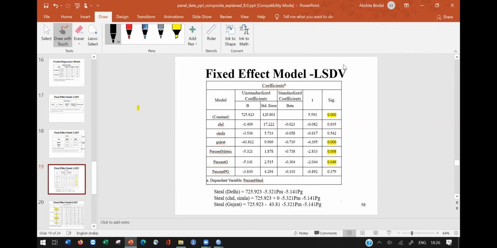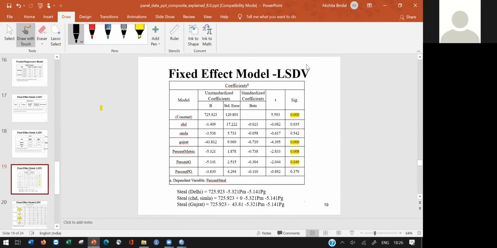Ma'am, if possible, please mention in the PPT the steps of how you are creating the dummy variable. That would be better to remember later on. Just the steps of how you included the dummy variable.